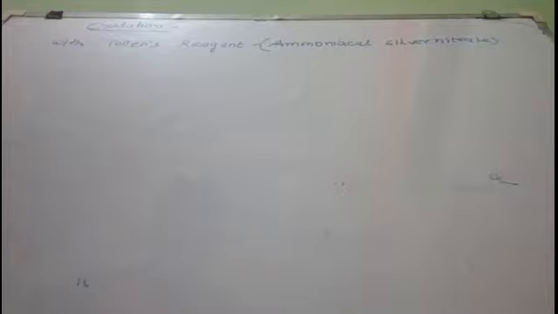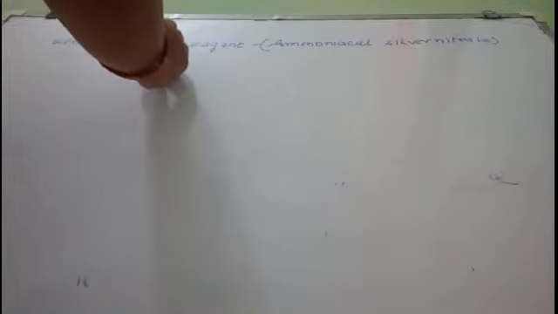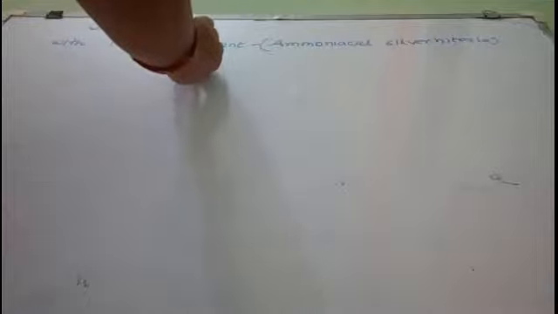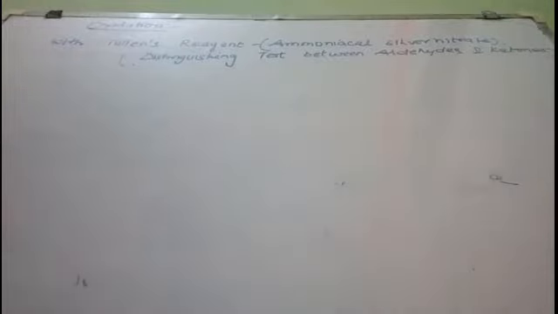This reaction is not given by ketones, therefore it is also used as a distinguishing test between aldehydes and ketones. Aldehydes will respond to this test, but ketones will not. So this will be used as a distinguishing test.